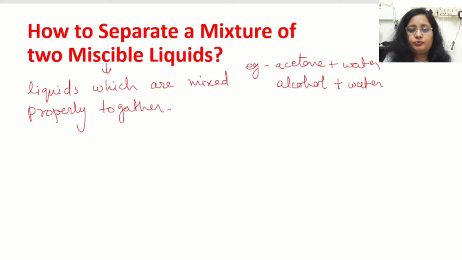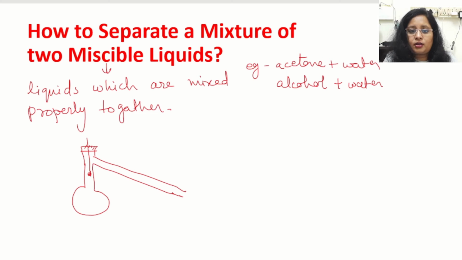Okay, so for the distillation method the apparatus should be like this: we have one round flask that is used for boiling, and a condenser will be attached to this flask, and one thermometer should also be attached.